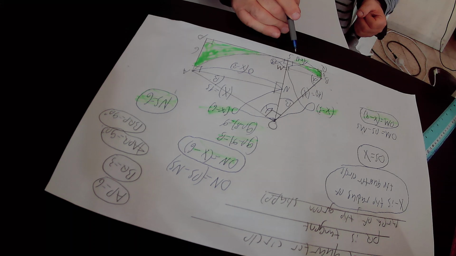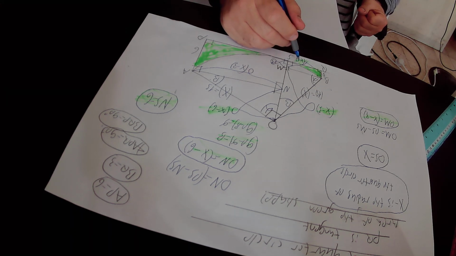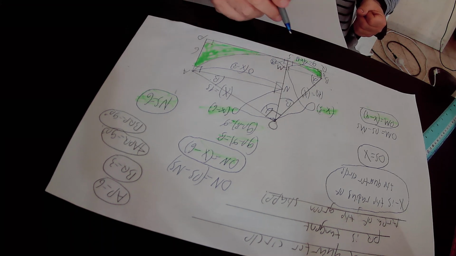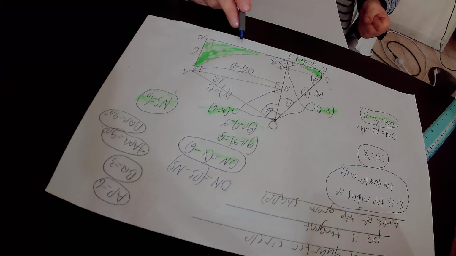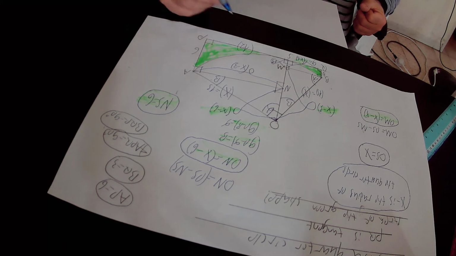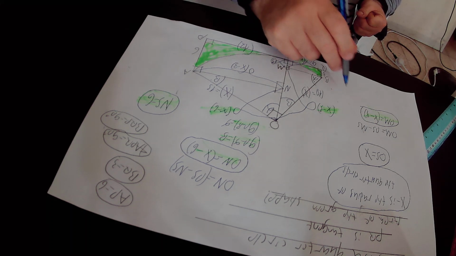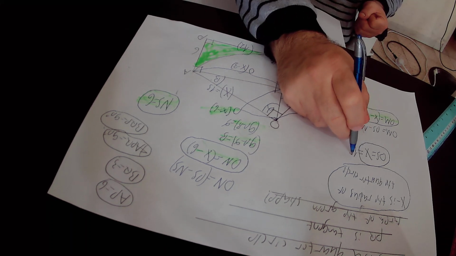X is 15, so x minus 6 is 15 minus 6, that is 9. And we have SP equal to x minus 3. X minus 3 is 15 minus 3, that is 12. Okay, and OS is also equal to x, and x equals 15.